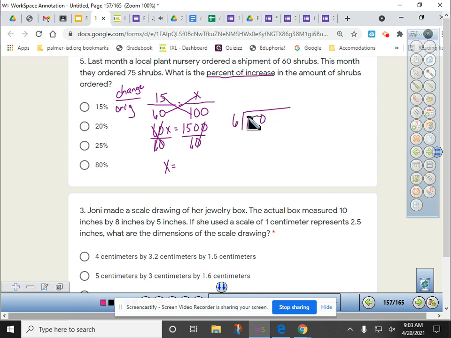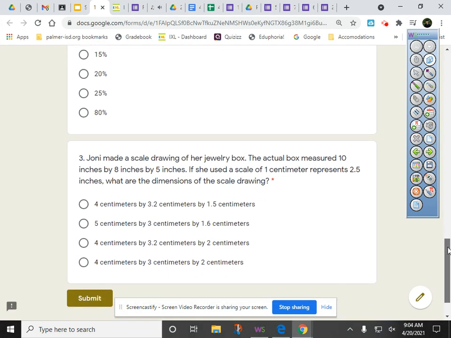Do the work. What is it? 25. You're good.